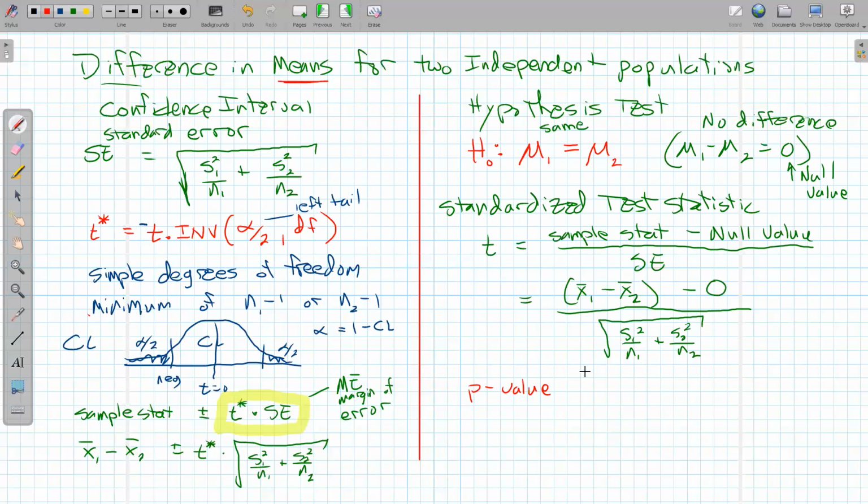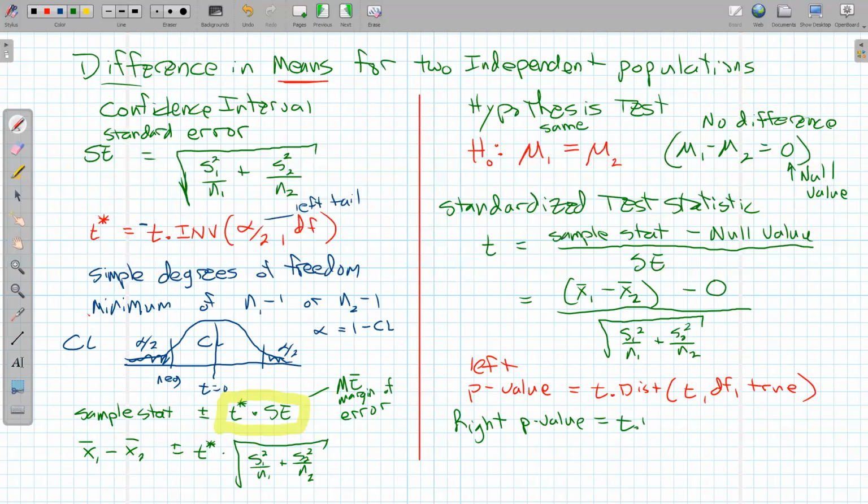And the p-value in a spreadsheet, if it's a left tail, is just going to be the t.dist. And the t.dist wants to know what is your t-score, this guy up here, what are your degrees of freedom, and then it wants a true after. So this right here is the left tail, left p-value. The right p-value, we have to do a 1, oh wait, we don't have to do 1 minus because there is a right tail formula, like the normal.